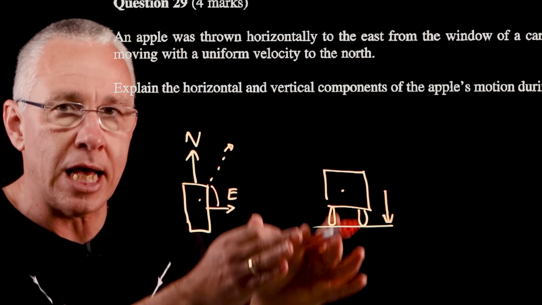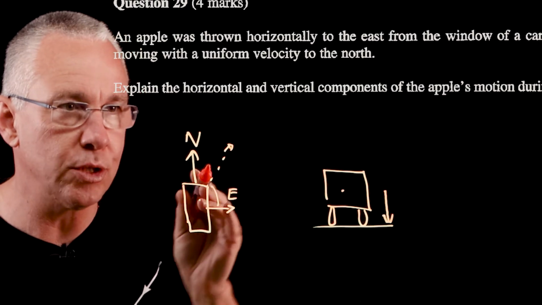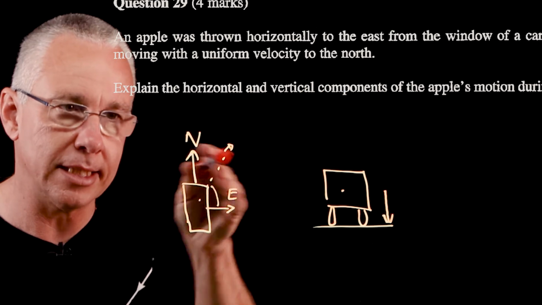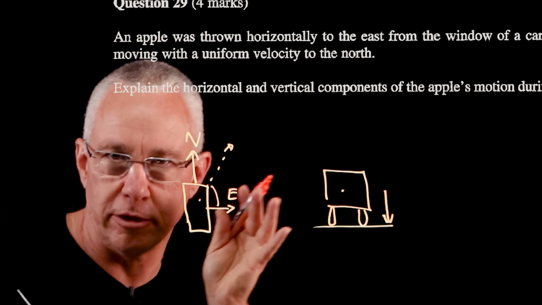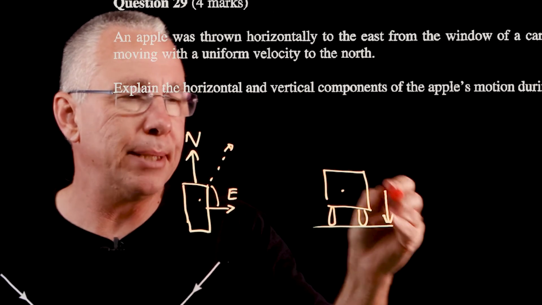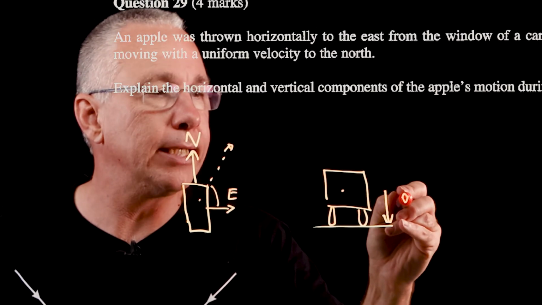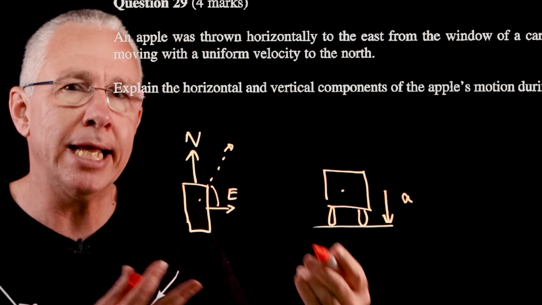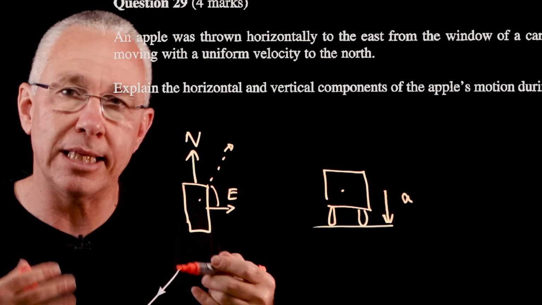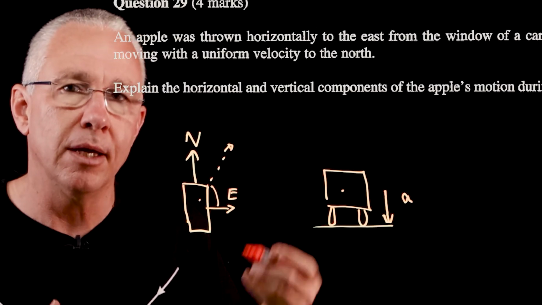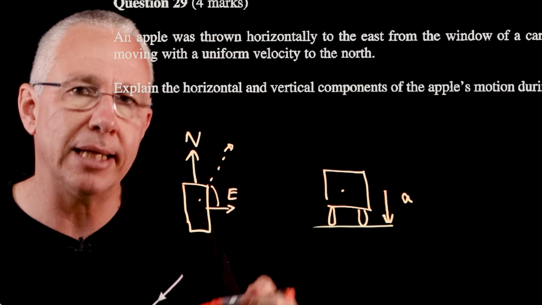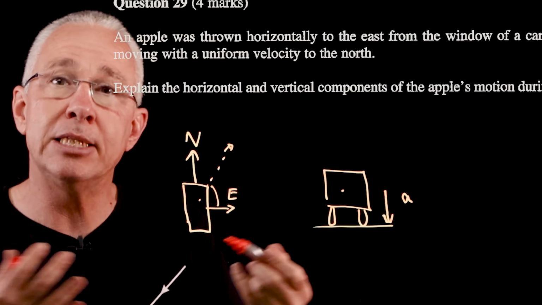Now, remember, this is just the vertical component. It is still also moving horizontally at some angle. And now, from this perspective, it's sort of going away. But what's happening in this direction? It's accelerating downwards. We're describing the motion, saying that the apple falls from the position level with the window back down to the ground, and we need to explain it.